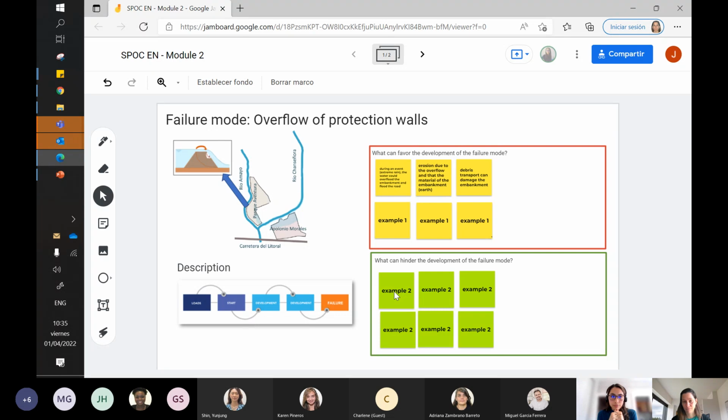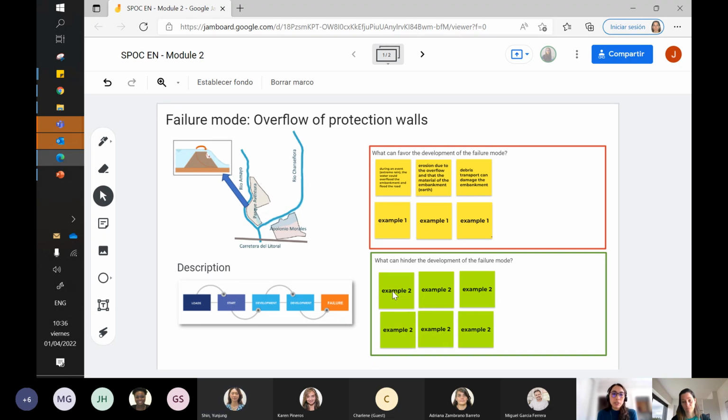I don't know if an early warning system for this kind of flood events as a response strategy would be considered a disaster risk reduction solution, or as one of those that we are talking about in the scope of failure mode development.